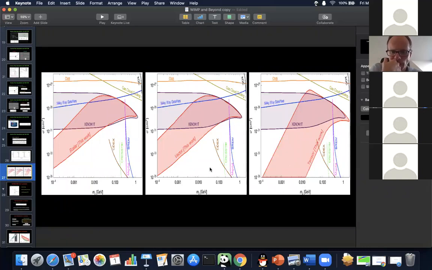And the larger scattering cross sections lead to a very small mean free path, and those dark matter particles cannot reach the direct detectors.